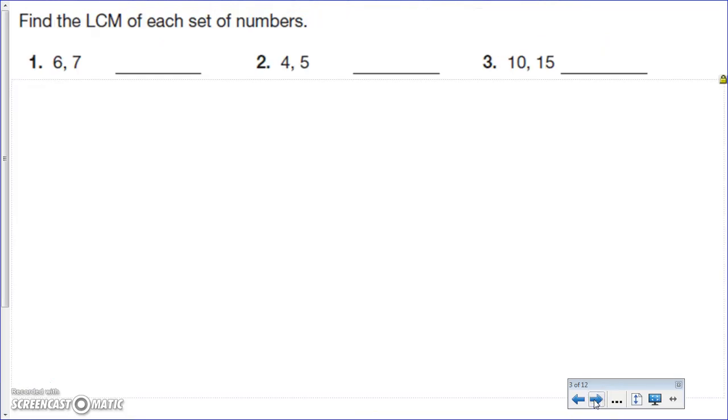All right, so we're going to find the least common multiple of each set of numbers. So we're going to use the first method and write out a list of each of the multiples. So we're going to start with 6. We're going to go up. Usually it's a good idea to go 4 or 5 numbers. Sometimes you need to go further, but 4 or 5 is a good place to start.